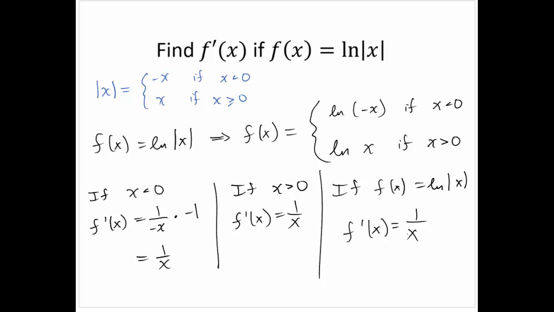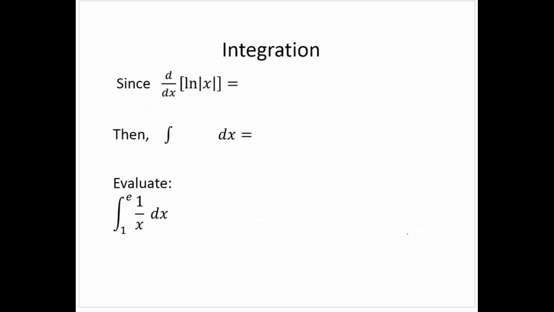Now, this becomes important for integration. So we just showed that d by dx of the natural log of the absolute value of x is 1 over x. Then the integral of 1 over x dx is equal to the natural log of the absolute value of x plus a constant.